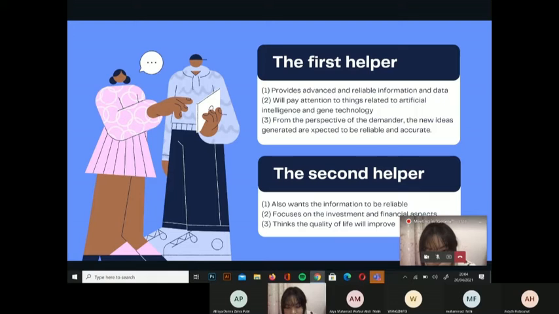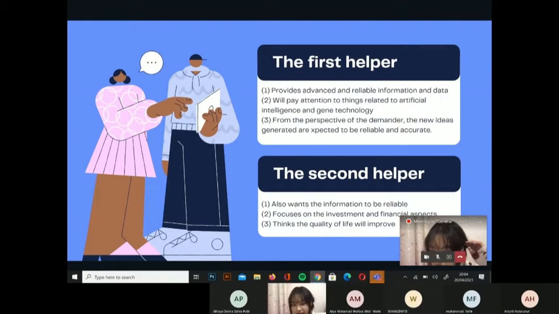From the third question, his answer is, from the perspective of the demander, the new ideas generated are expected to be reliable and accurate.